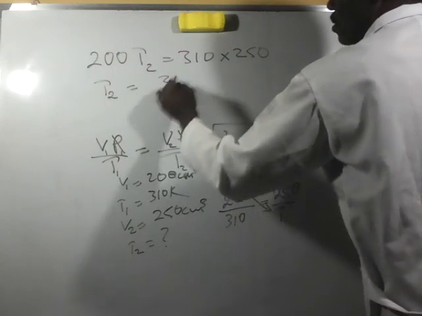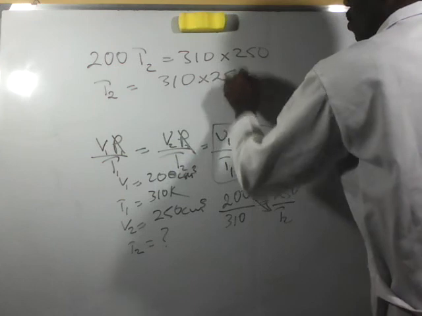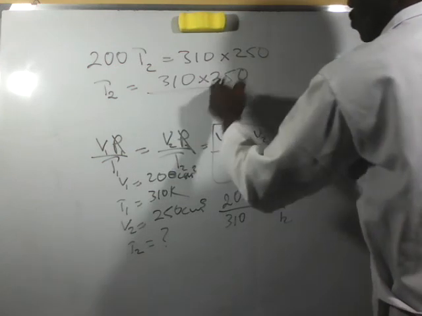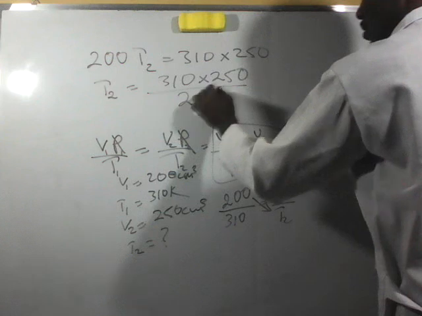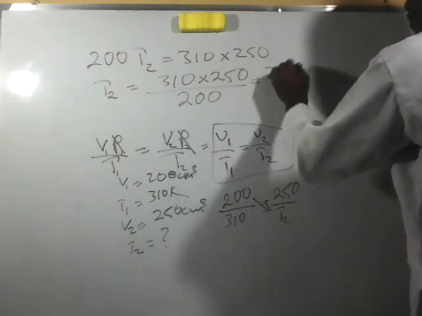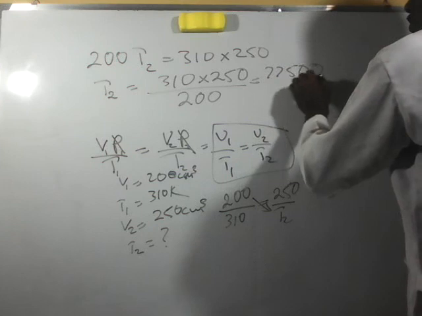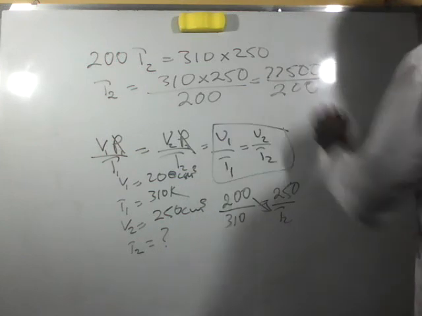We have 310 times 250 all over 200, which gives us 77500 all over 200.